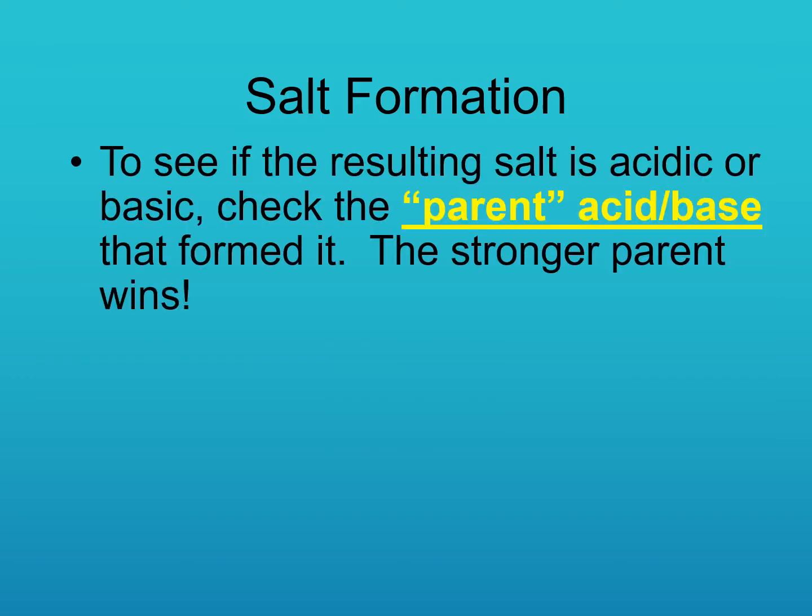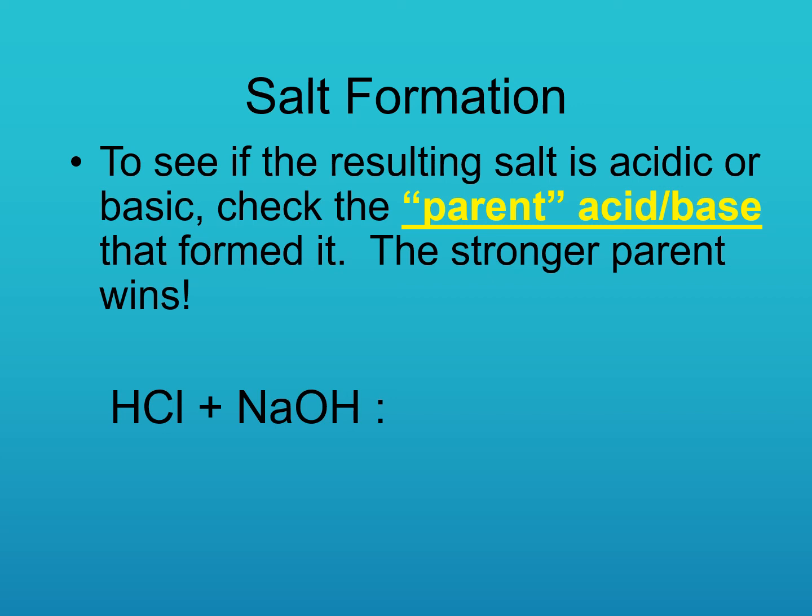All right, let's talk a little bit more about the salt formation. To see if the resulting salt is acidic or basic, we're going to look at the parents that actually make the salt. So we have an acid and a base coming together, and the one who is stronger is going to be the one that wins. So if you have a stronger acid, then your salt is acidic. If you have a stronger base, then your salt is basic.